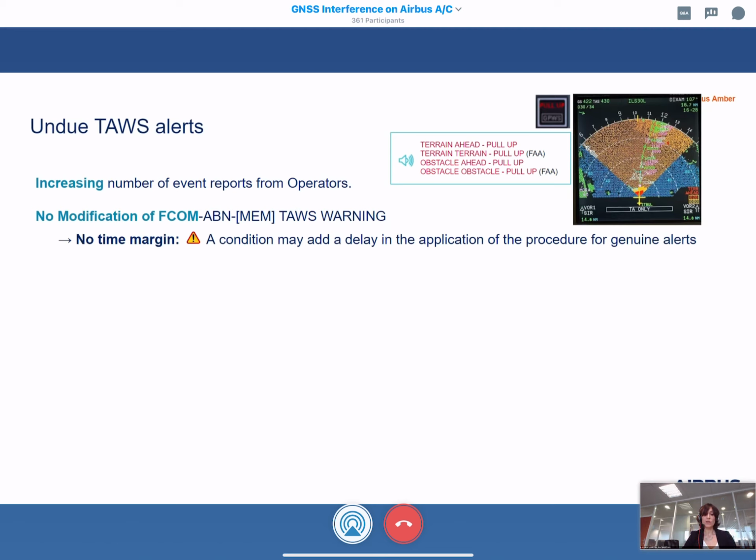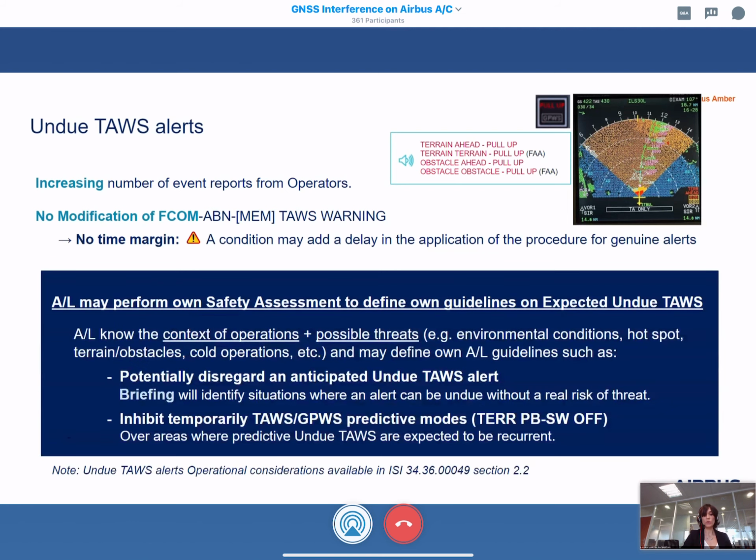While we don't intend to introduce delay in the application of the warning procedure, we acknowledge the airline need for adaptation in case of recurrent exposure to undue TAWS alerts. For this, airlines are in the best position to perform an ad hoc safety assessment using their knowledge of the operational context.